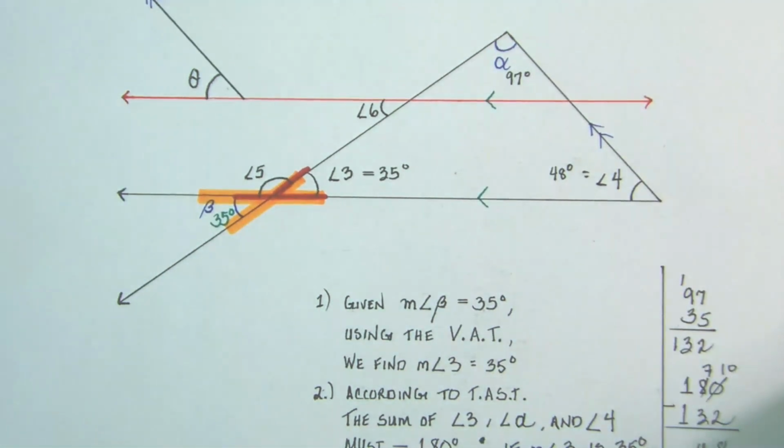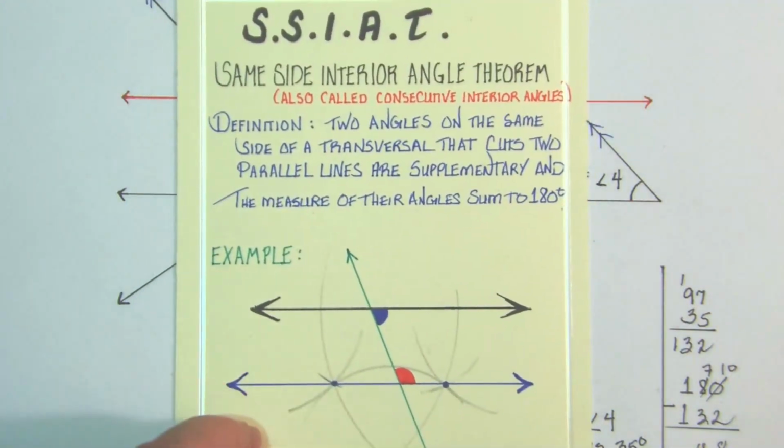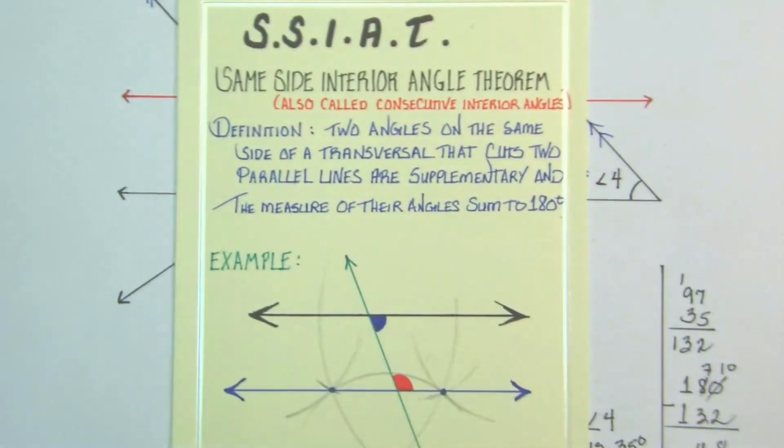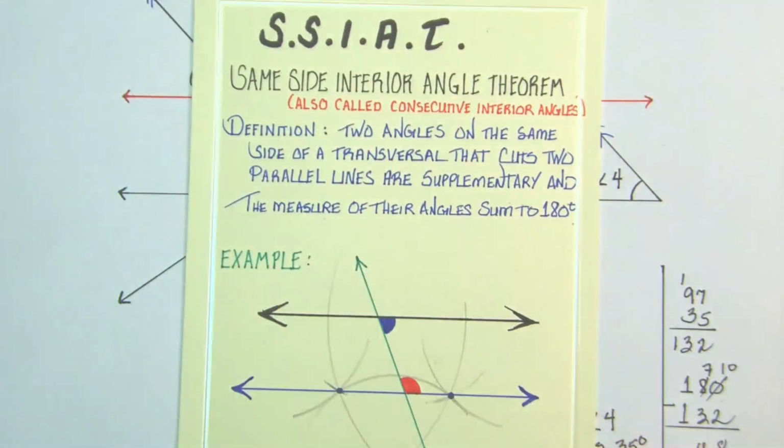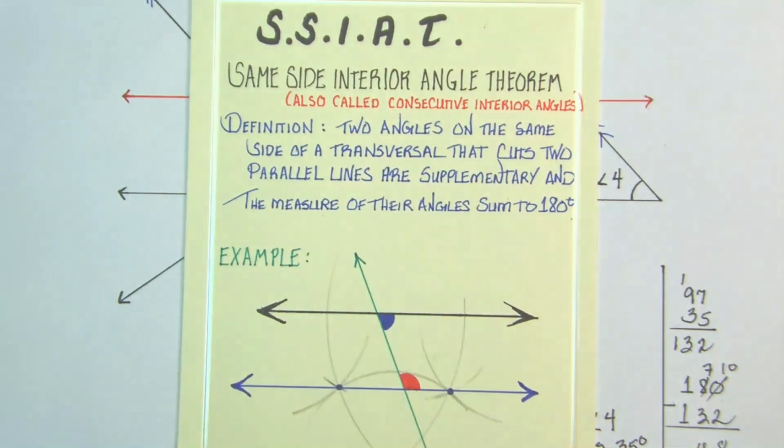I want to show you this card here. This is what I meant when I said this is kind of like playing magic. I play this card, same side interior angle theorem. Okay, also called consecutive interior angles. Two angles on the same side of a transversal that cuts two parallel lines are supplementary, and their measures sum to 180.